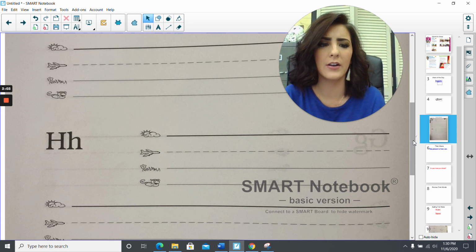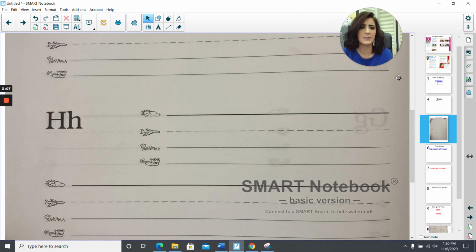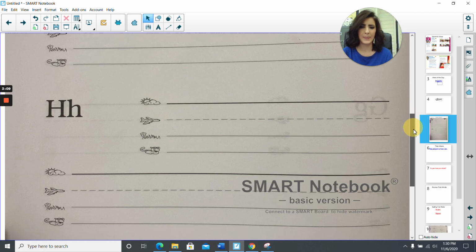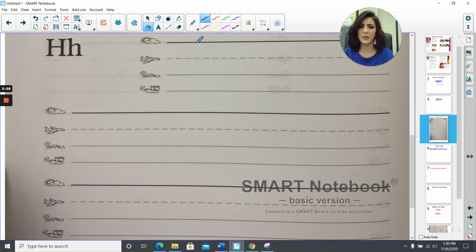So you should see the letter H. Let me make myself a little bit smaller. That way it's easier to get around on here. Okay, so I'll give you a minute. If you need to pause the video and find your page, go ahead and pause it, and then you can pick back up whenever you're ready. So up here, we're going to write ham.